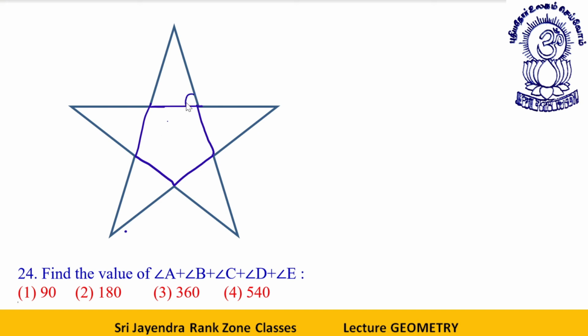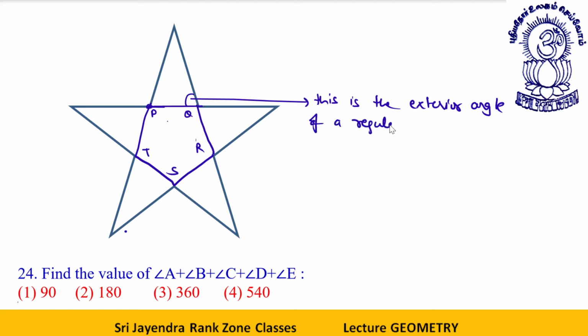What is the exterior angle of a regular pentagon? Suppose these vertices are P, Q, R, S, T. This is the exterior angle of a regular pentagon. Okay, assume the star to be a regular star.